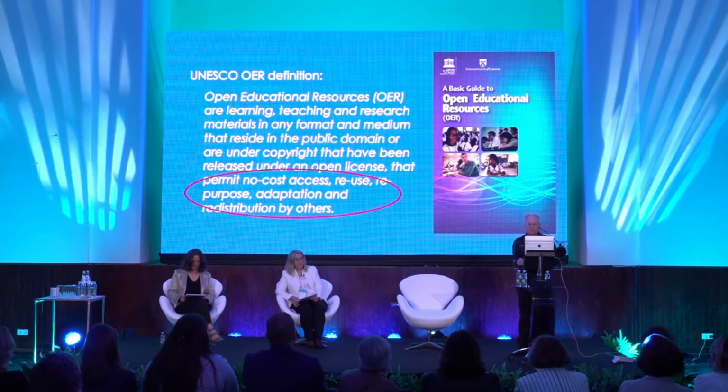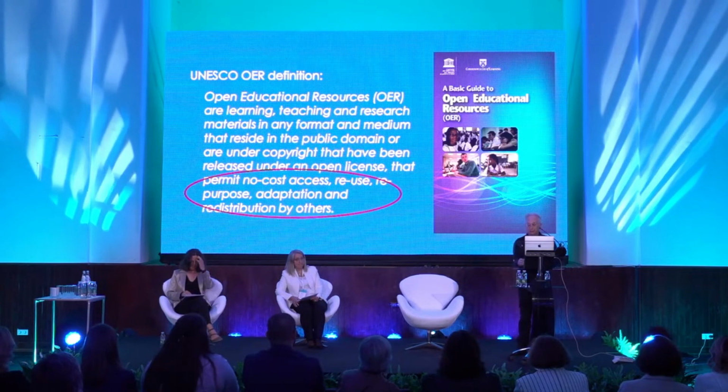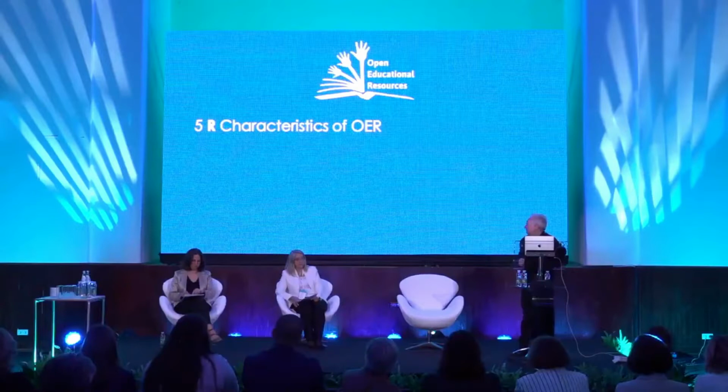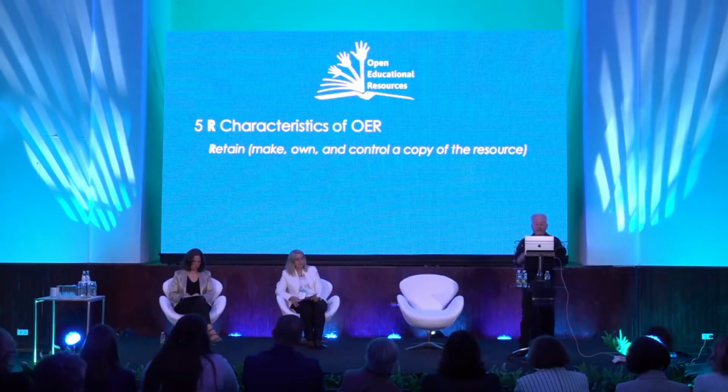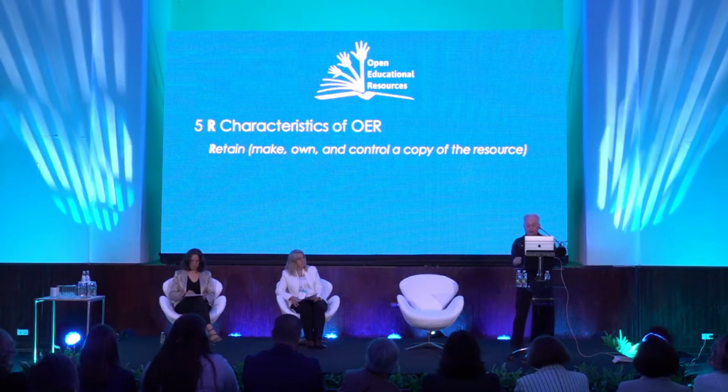In fact, OER have been around a long time. This definition was written more than 20 years ago. OER are often thought of as having these five R characteristics. R for retain: making, owning, developing, and controlling the content itself.